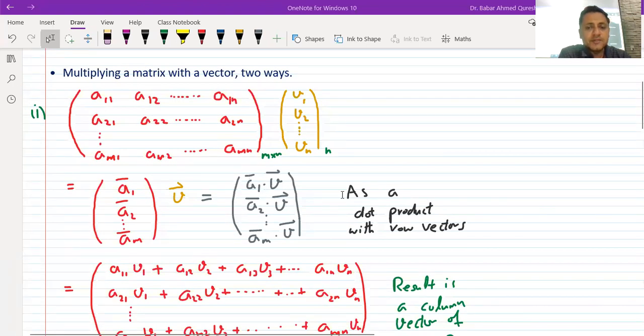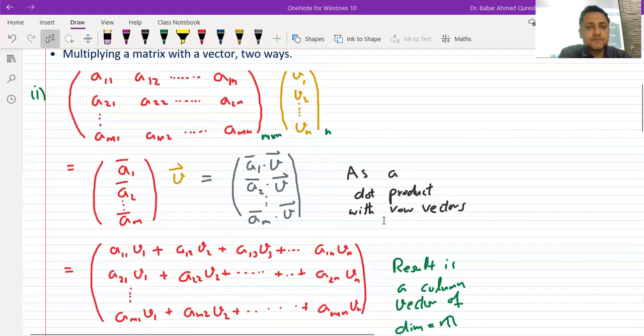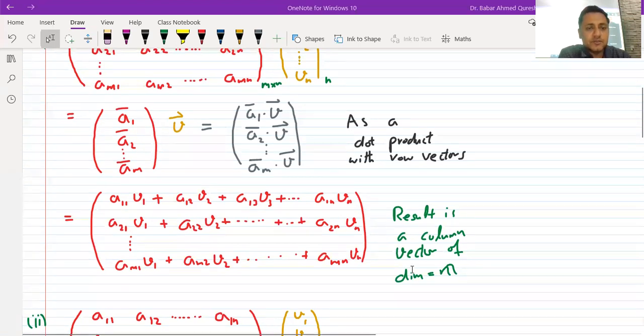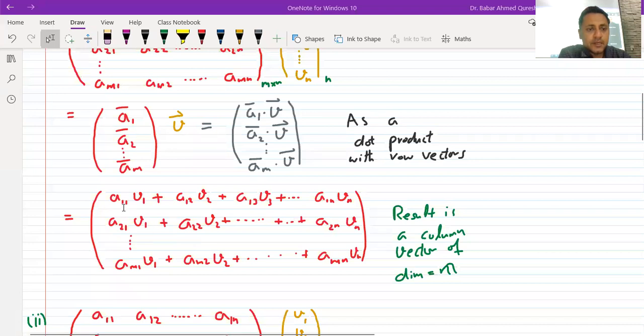So the first way is as a dot product with row vectors. And as a result, you get a column vector of dimension m. So the dimension of the resultant vector is changed. It's not the same as the original vector.